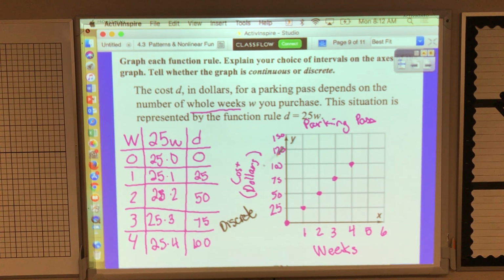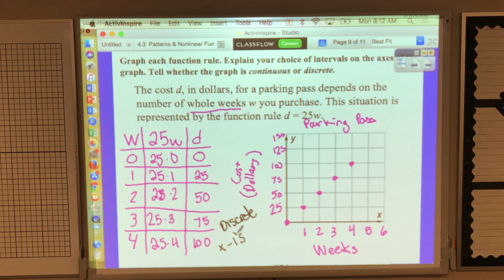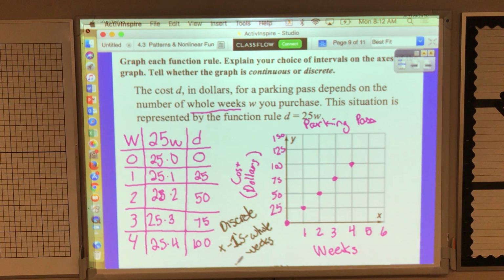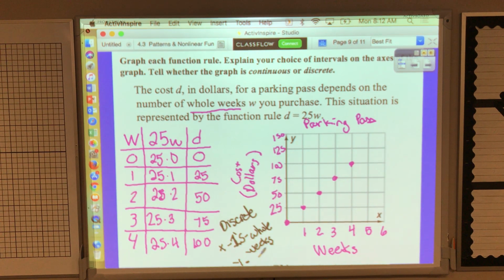Then it also wants me to explain my choice of interval on the axes. So on the x, I went by 1s because I have to have whole weeks, so 1s to represent the whole weeks. On my y-axis, I went by 25s because my outputs went by 25s.